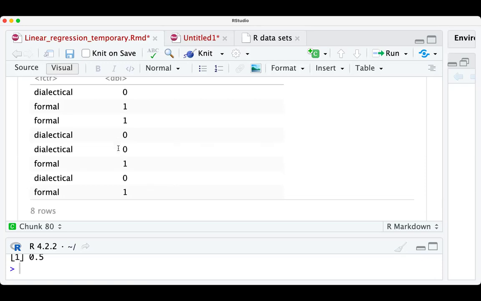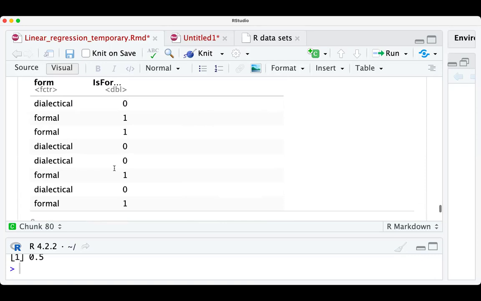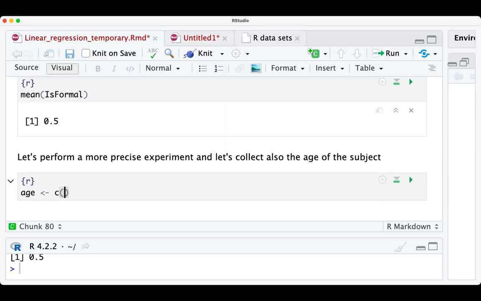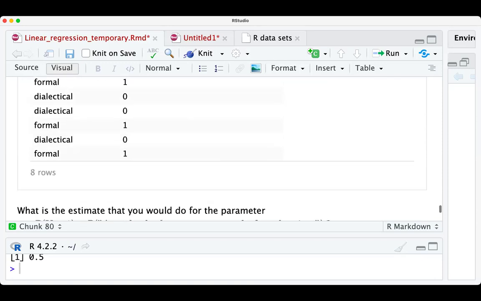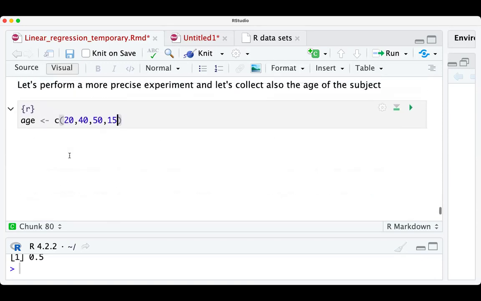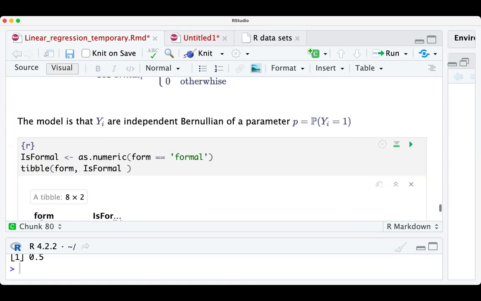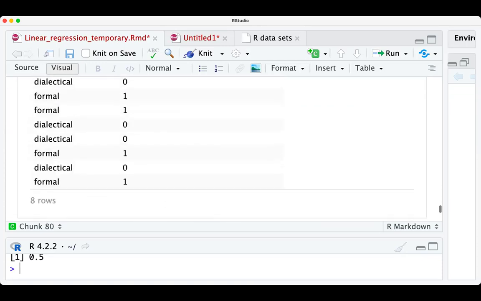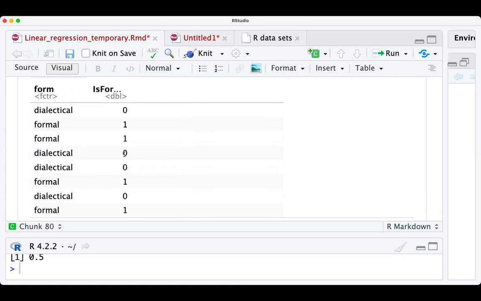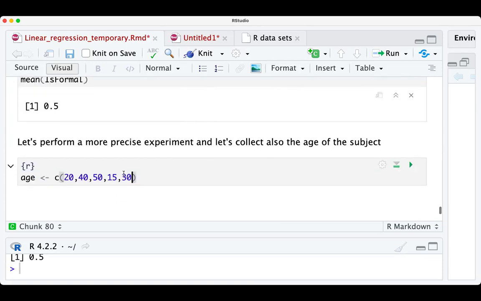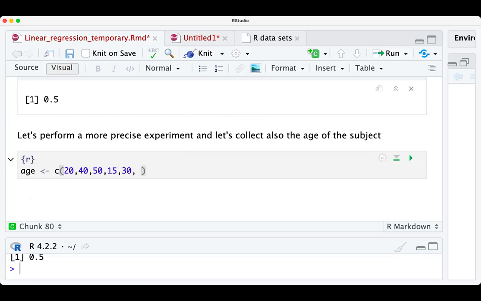So let me say 20, 40, 50, 10, 30. I don't know if 30 is young. Then 55, 45, 53.